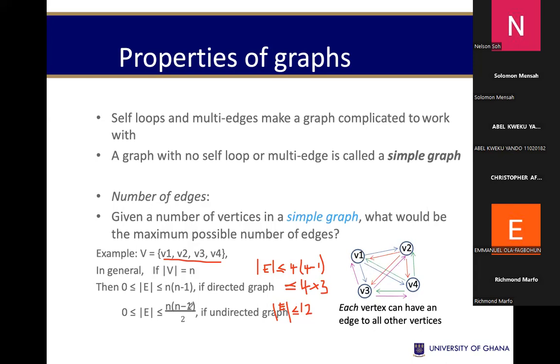Now, if it is an undirected graph, then the whole of this top is what we had, a maximum of 12. For undirected, we are not going to have these two arrows. We're going to have a single arrow, where at any point in time, one can serve as the origin and the other can serve as the destination.